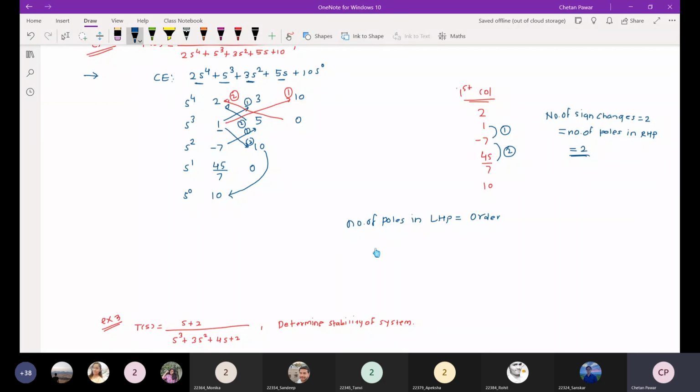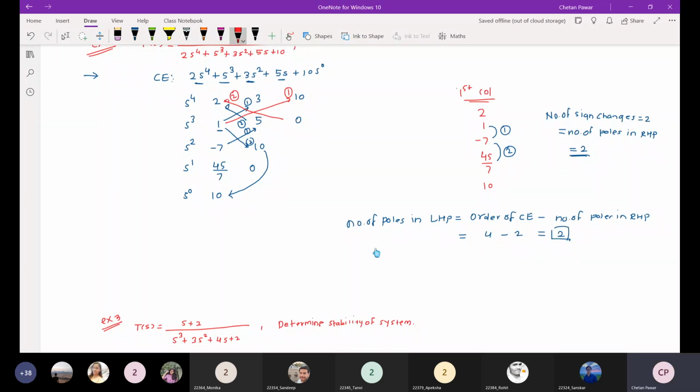So number of poles in the LHP will be order of characteristic equation minus number of poles in RHP. Okay. So order of the characteristic equation is 4 minus number of poles in the RHP is 2. So number of poles in the LHP is 2.